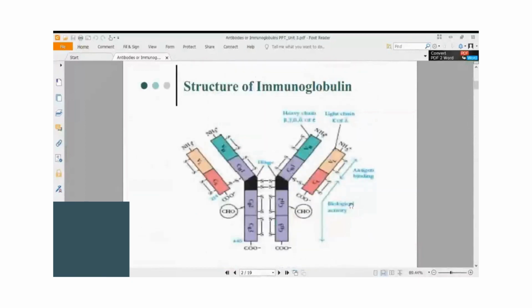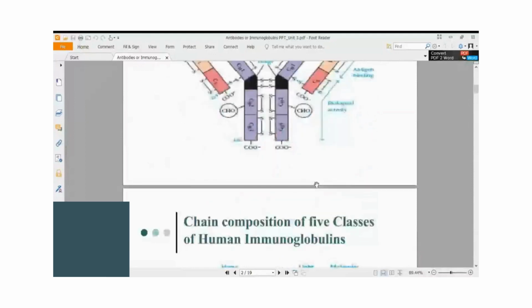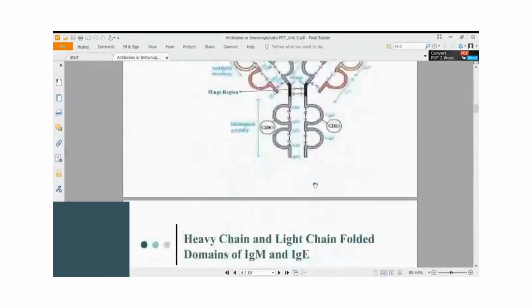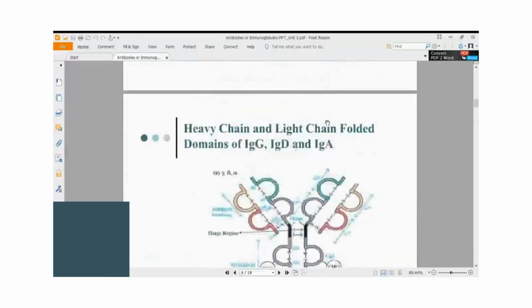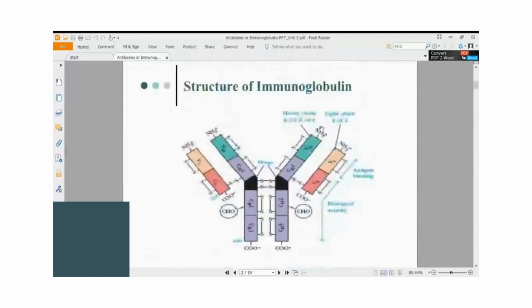Antibody can be represented in the form of a T shape or Y shape, and this arm is rotatable in IgG, IgA, and IgD. But in the case of IgM and IgE, it is not rotatable because it doesn't contain the hinge region.